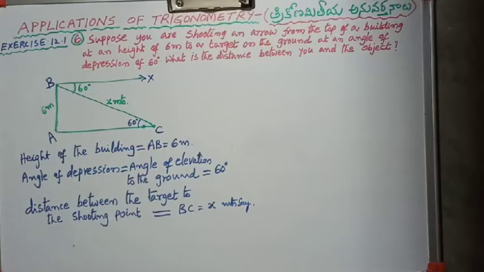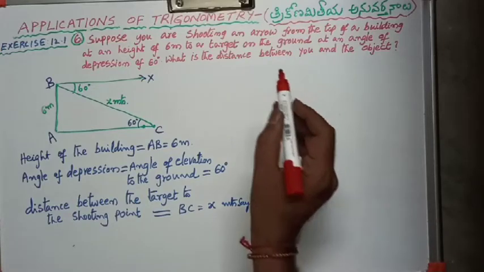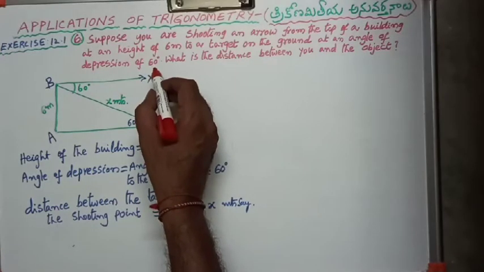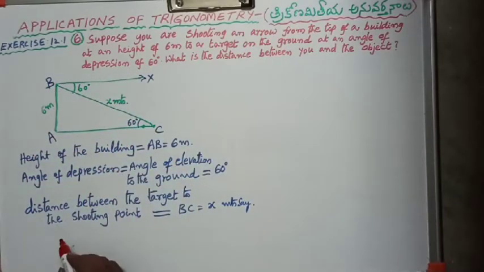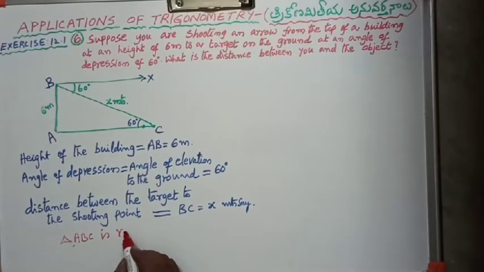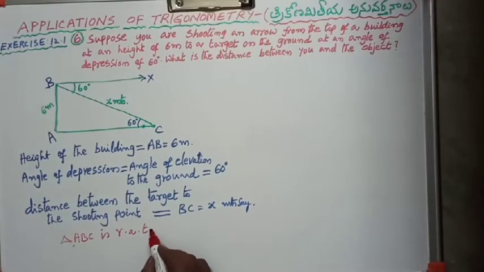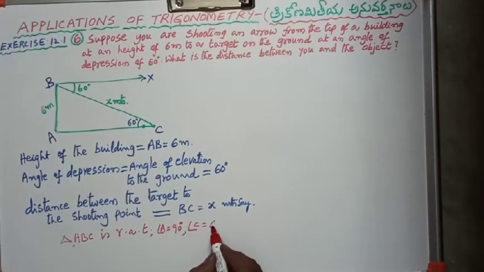One thing you should observe in this problem: there is only one angle, that's why we have only one right angle triangle. So triangle ABC is a right angle triangle, and angle A is equal to 90 degrees, angle C is equal to 60 degrees.